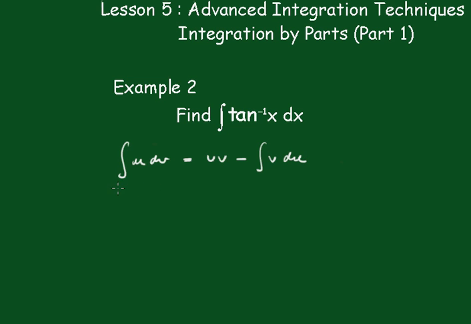So this time I'm going to let my u equal the inverse tan of x, so I can differentiate that, and I'm going to let dv equal 1. So du equals 1 over 1 plus x squared, and v equals x.